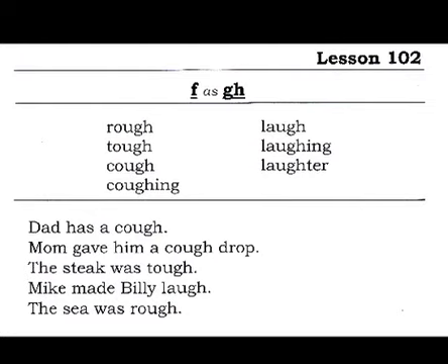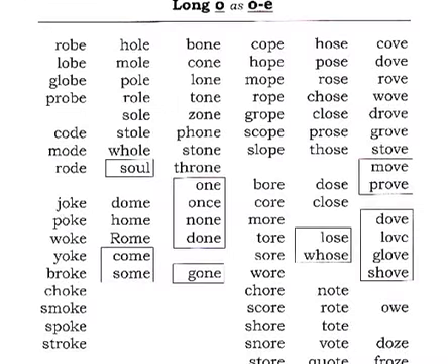Now we go to the long O. And of course, as you've guessed, there is more than one way of writing long O. The most common way, of course, is O consonant E, as in such words as robe, R-O-B-E, code, C-O-D-E, loan, L-O-N-E, phone, P-H-O-N-E, rope, R-O-P-E, score, S-C-O-R-E, pose, P-O-S-E, rose, the flower, R-O-S-E, and also to rise up.